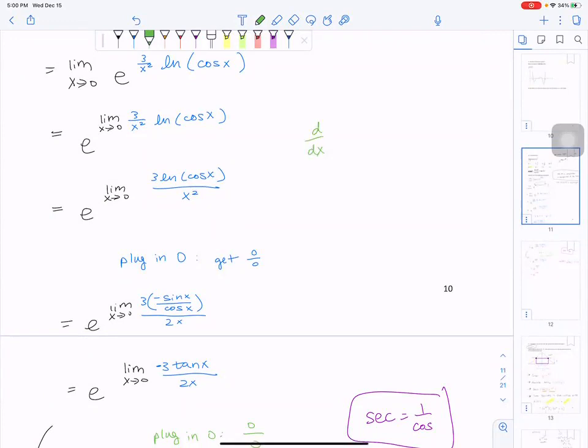The derivative of natural log of some u, some complicated u, is the derivative of your outer function, which would technically be 1 over u. But because this u is complicated, you have to multiply by the derivative of that u. So what does that mean for the derivative of ln cosine? We're going to do 1 over cosine times the derivative of cosine, which is negative sine. That's how we get that.